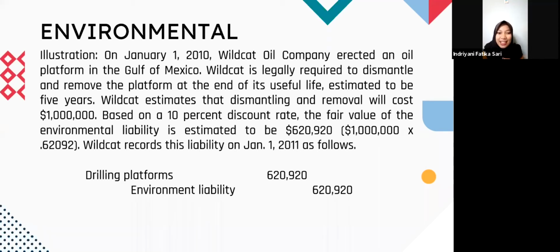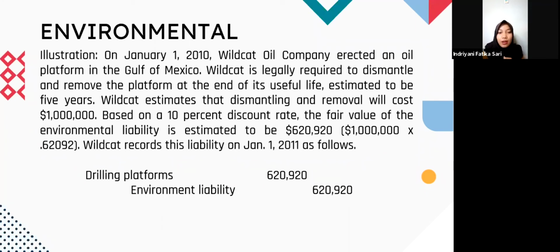Illustration: on January 1, 2010, Wilcap Oil Company erected an oil platform in the Gulf of Mexico. Wilcap is legally required to dismantle and remove the platform at the end of its useful life, estimated to be 5 years. Wilcap estimates that dismantling and removal will cost, based on a 10% discount rate.